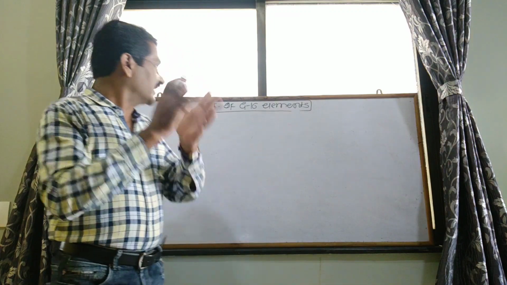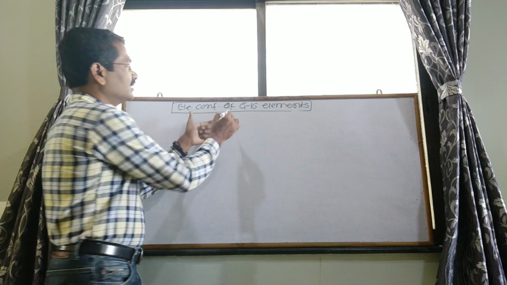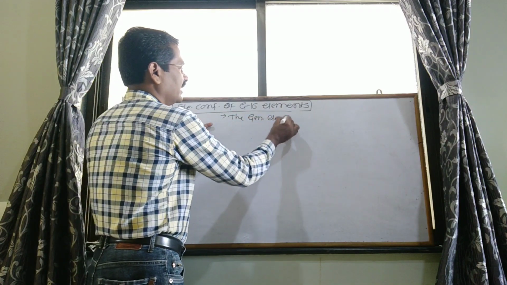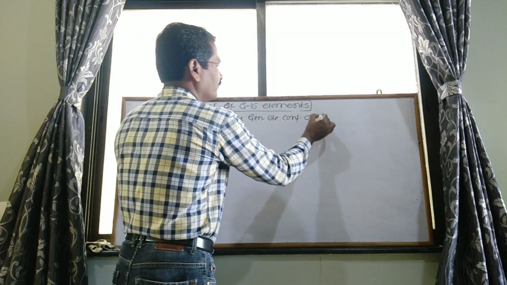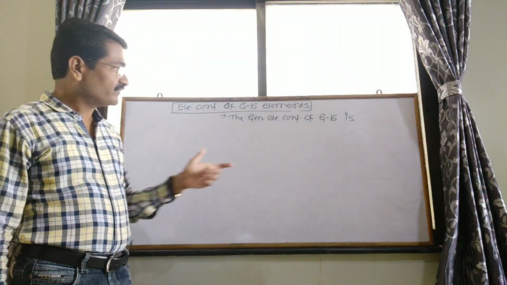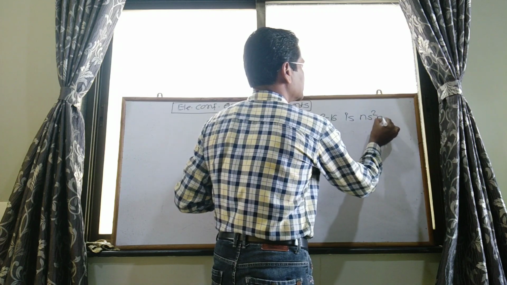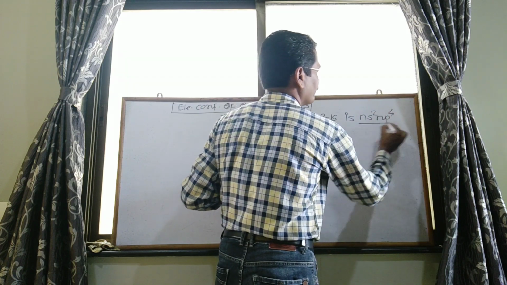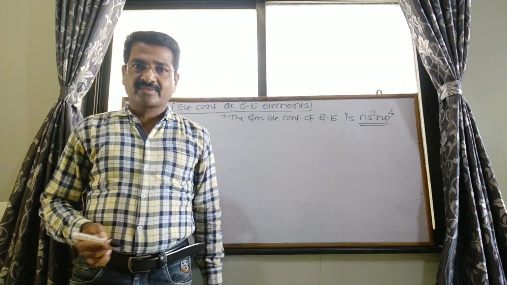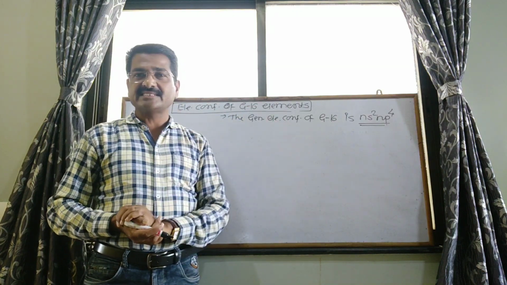But what is the electronic configuration of G16? The general electronic configuration of G16 is ns2 np4. ns2 np4 is the general condensed electronic configuration of G16 elements.